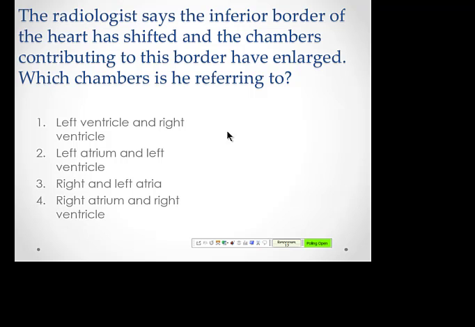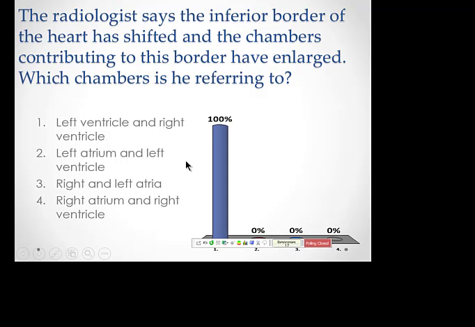Whenever you get questions like this, always look at some key words, some operative words. Here it says inferior border and chambers. So that's what you're going to concentrate on. Very good. Right and left ventricles.